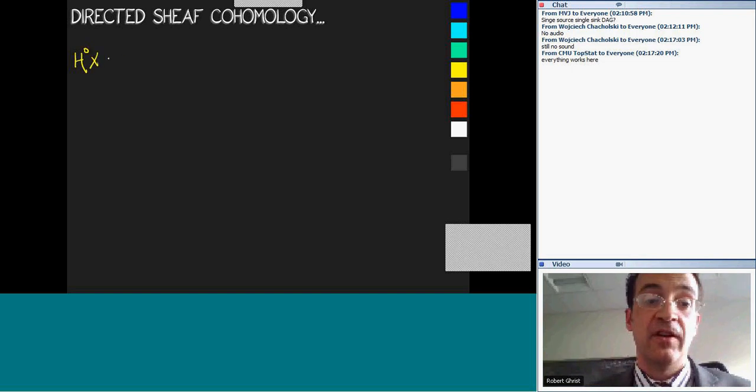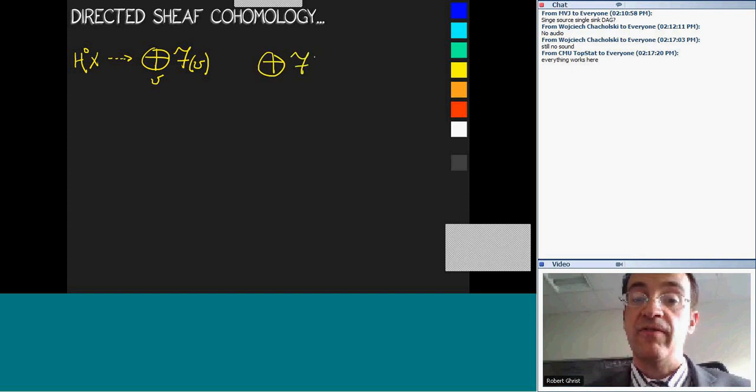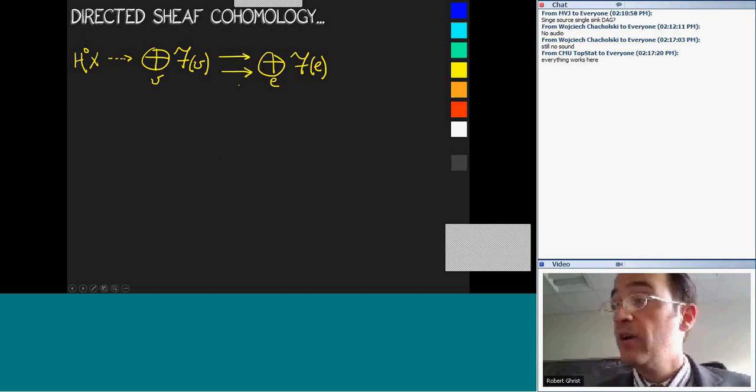Let's see, H upper 0 of X is to be defined implicitly. I'm going to look at the direct sum of all of the sheaf values over vertices, and all of the sheaf values over edges. Think of these as zero cochains and one cochains, with a pair of coboundary maps.